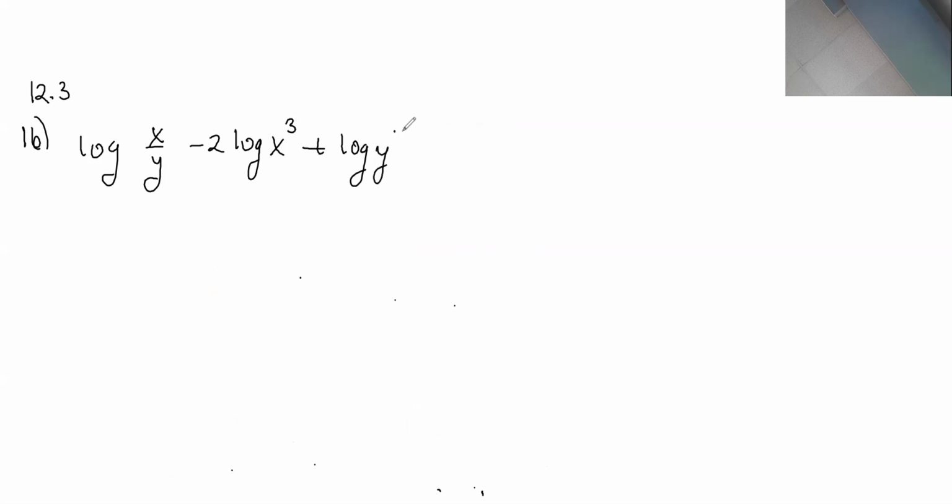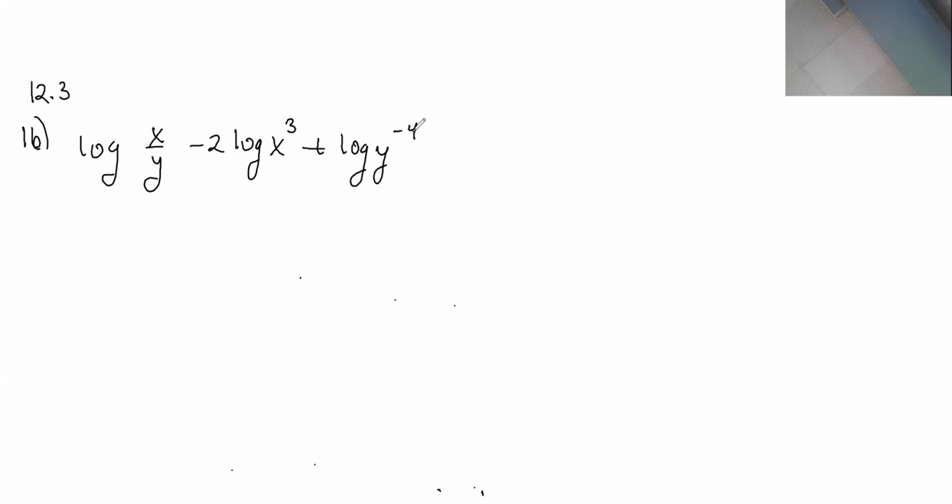Okay, so we're still on 12.3, doing number 16. Number 16 reads log of x over y minus 2 times log of x cubed plus log of y to the negative 4th. They're asking us on this one to write as one log and simplify if possible.